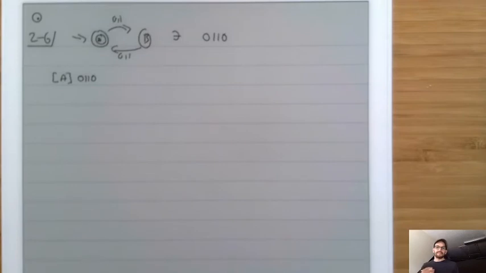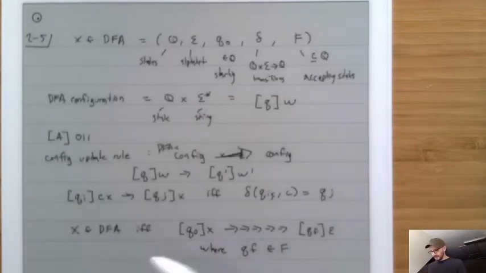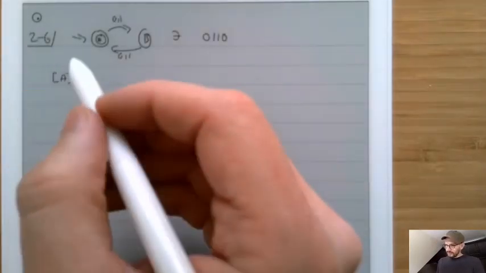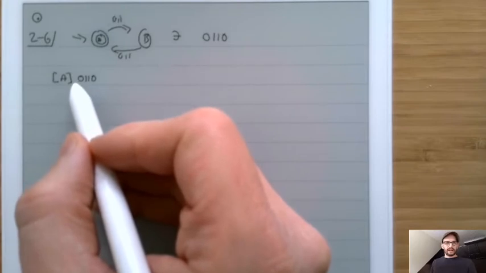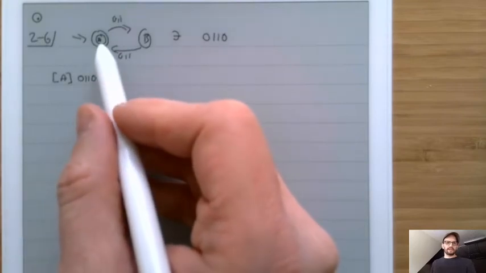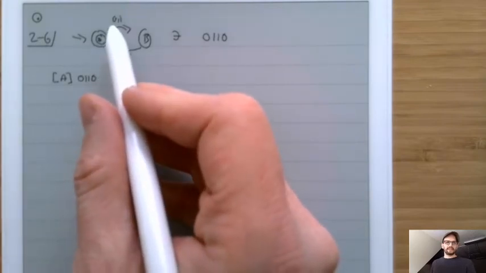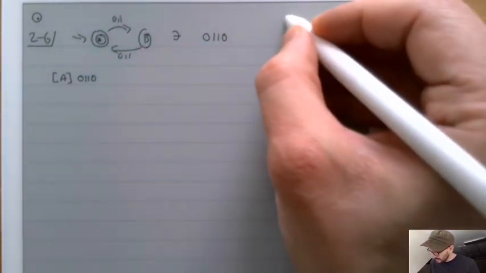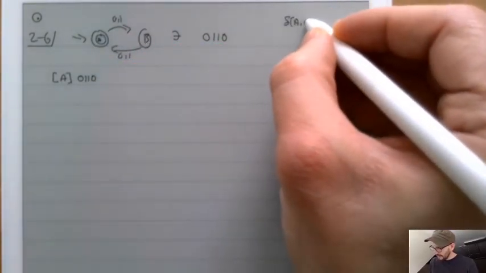So that is the first configuration. We know that that's the first one we're going to look at because that's what this says. Write down the start state and then the string. And then we're going to apply the configuration update rule over and over and over. So the configuration update rule says we look at the first state and then the first character, which is 0. So we say, what does delta of A0 say?